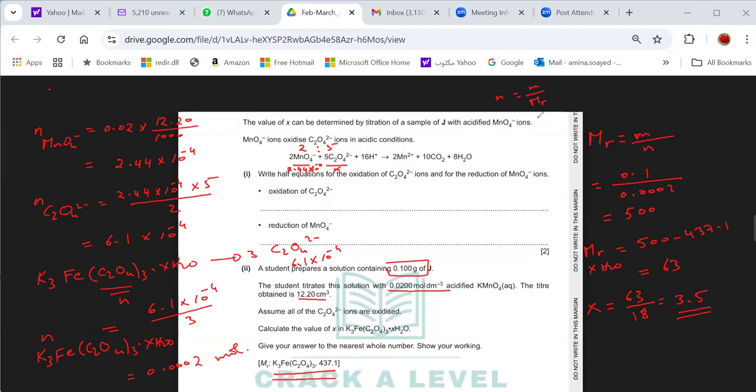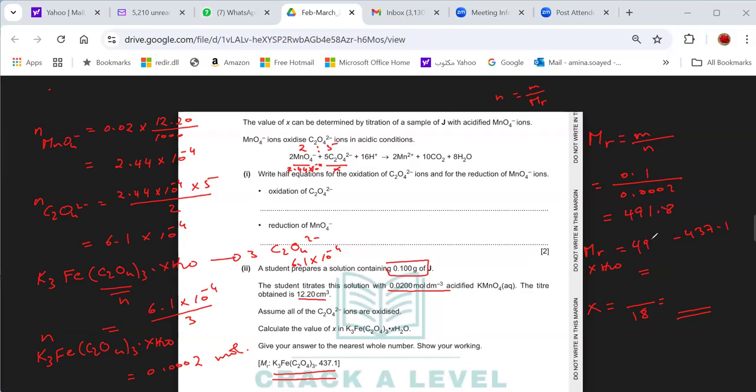So I got 491. It's different. Now I got 491.8.